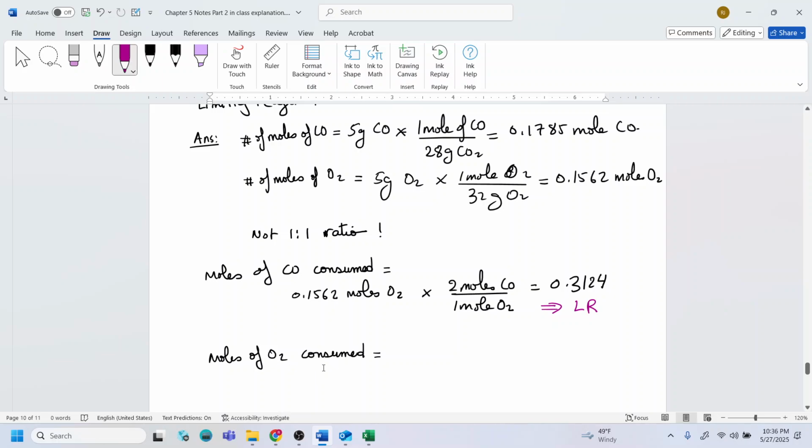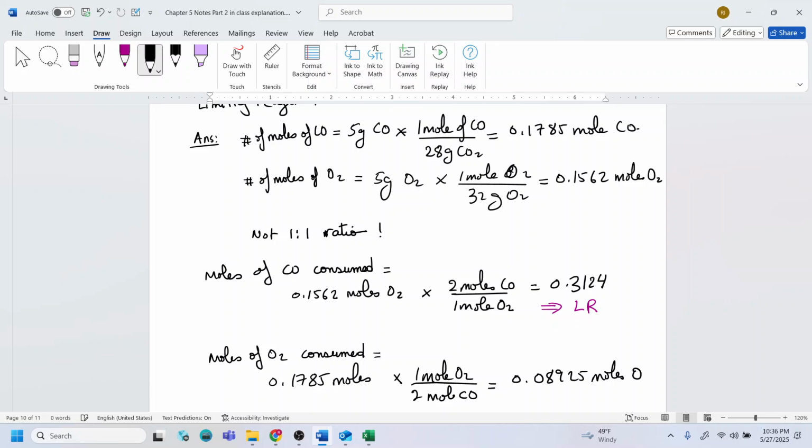So let's go ahead and check here for the oxygen. We're going to use the moles of the CO. It's 0.1785 moles. And I'm going to relate it to the mole ratio of the oxygen to the CO in there, and that is 0.08925 moles of oxygen.